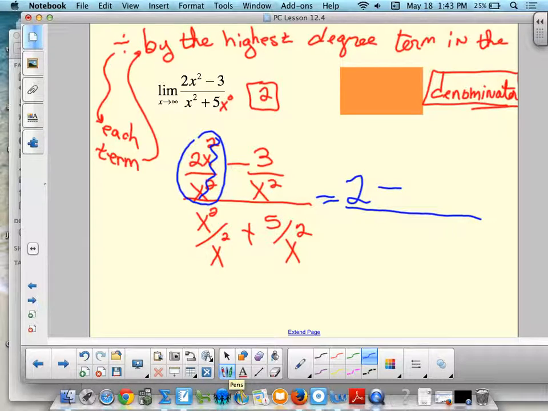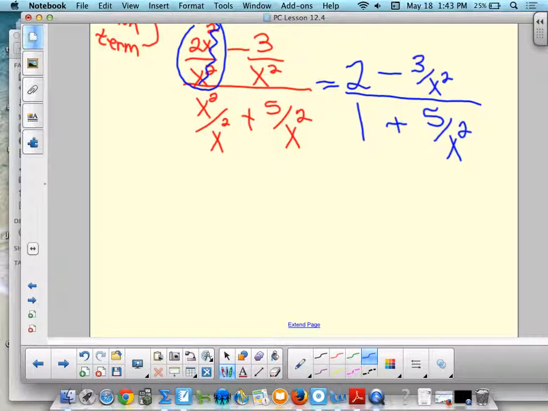Minus. Now this over this does not reduce, but that's okay, because you're going to take the limit of that later. Okay, this x squared over x squared reduces to what? 1. Plus this over this does not reduce. Okay, so here's what you have. You have 2 minus 3 over x squared over 1 plus 5 over x squared.